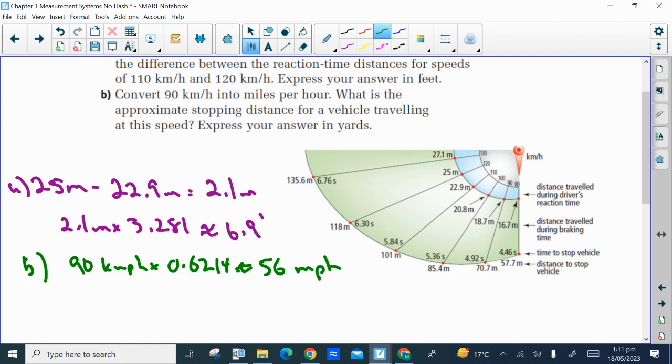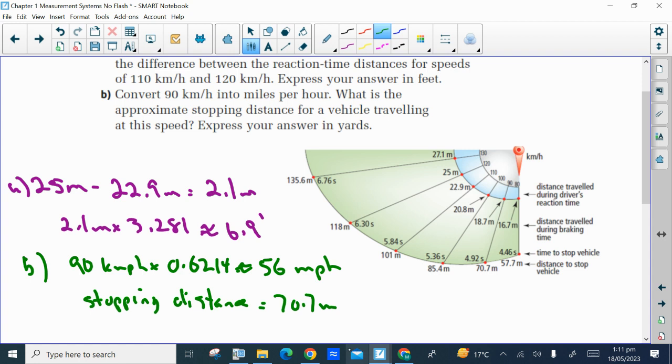But we want the approximate stopping distance, and so for that we'll use the 90 kilometers per hour. We see that the total stopping distance is 70.7 meters. That comes right from the table or the diagram, which we want to convert into yards.